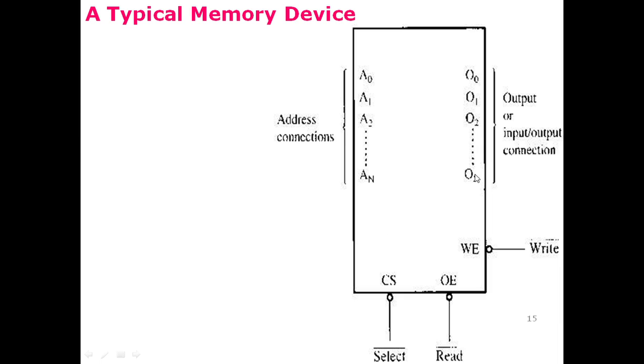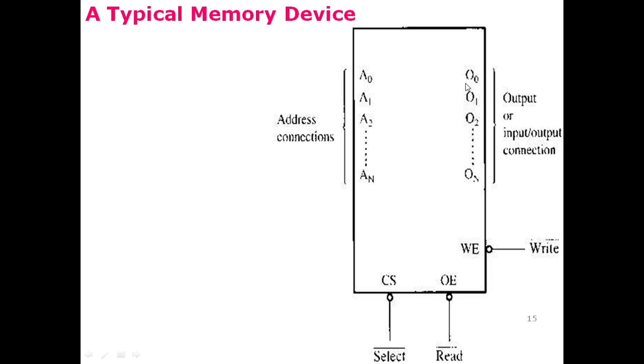Each chip has input-output, or just output pins as well, and these pins depend on the capacity of each memory location, or the amount of data to be written to or read from the memory chip.